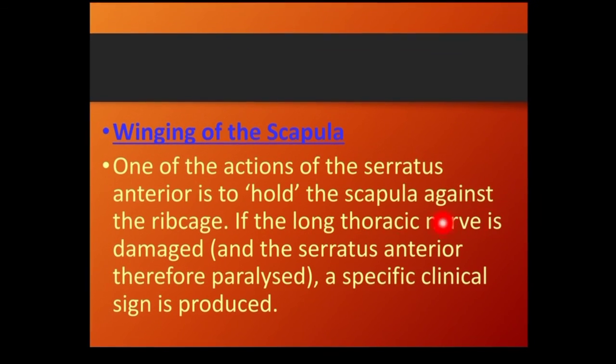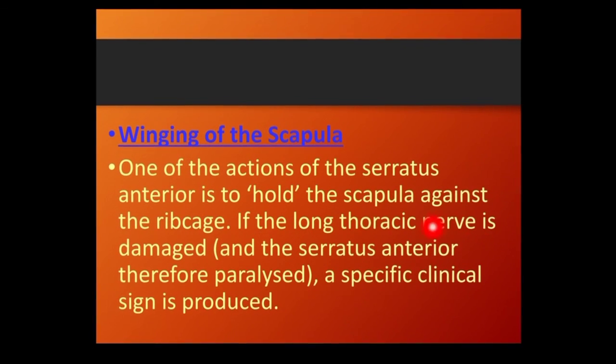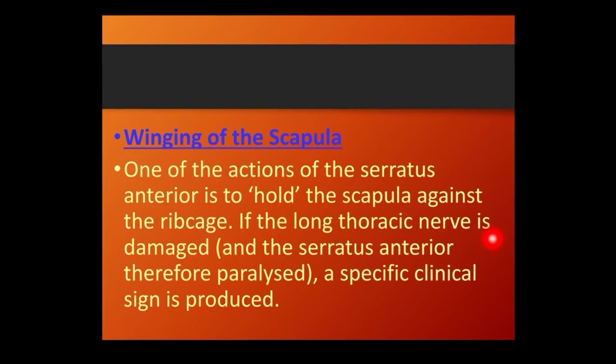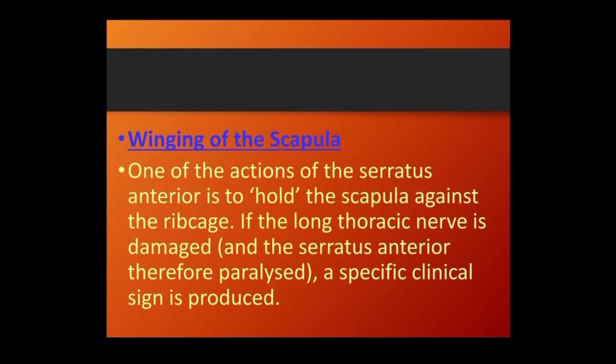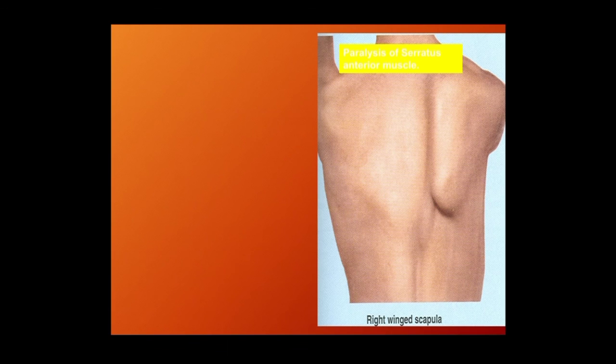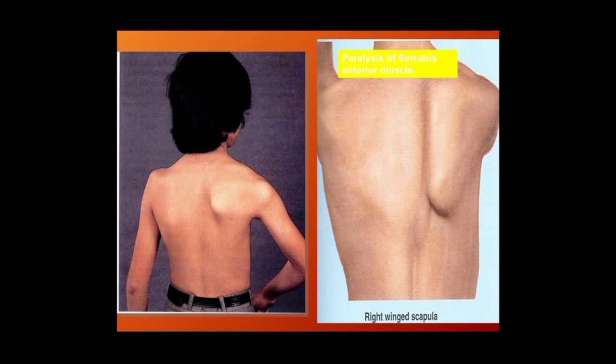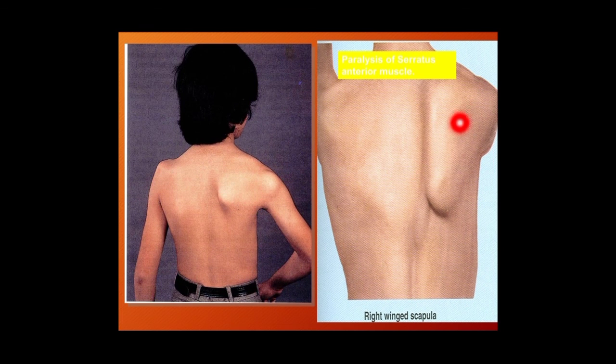If the long thoracic nerve is damaged and the serratus anterior is paralyzed, a specific clinical sign is produced. The medial border and inferior angle of the scapula become prominent. This is known as winging of the scapula.